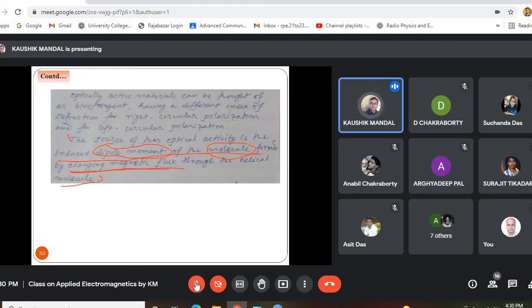So it will change the corresponding polarization, as the main source of polarization is the charge. If a dipole moment is induced in the charges or in the molecular structure due to the change in magnetic flux, there will be rotation in the plane of polarization.